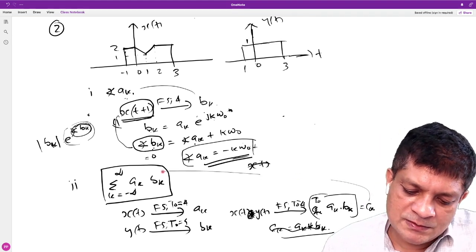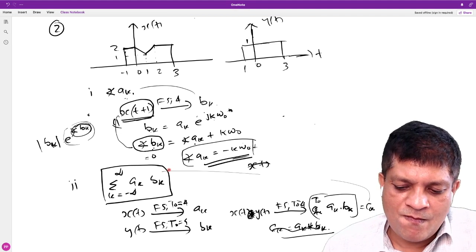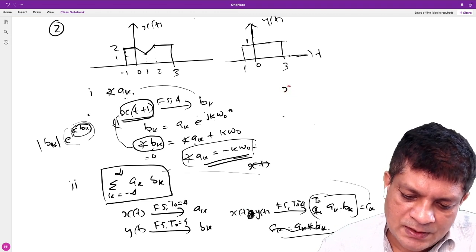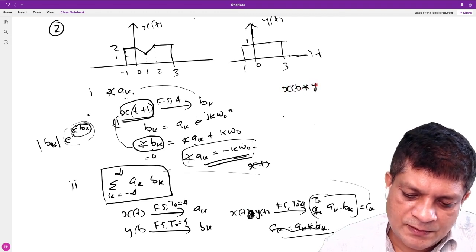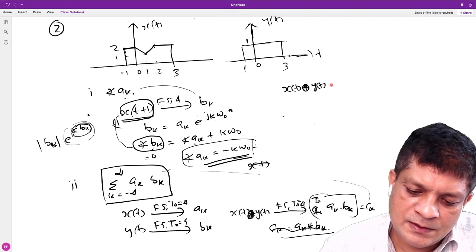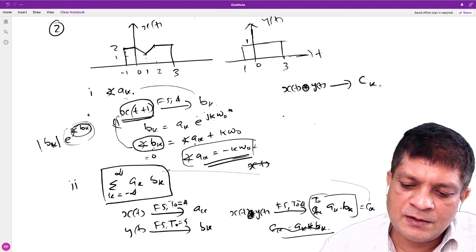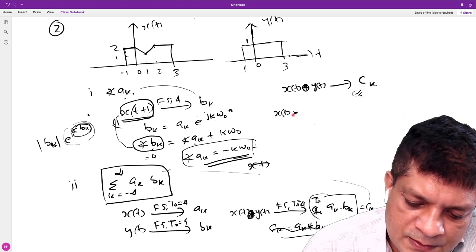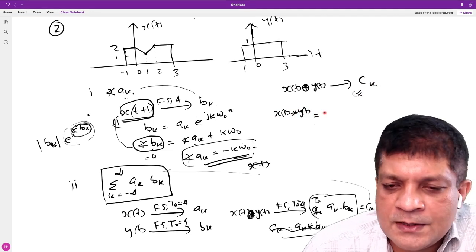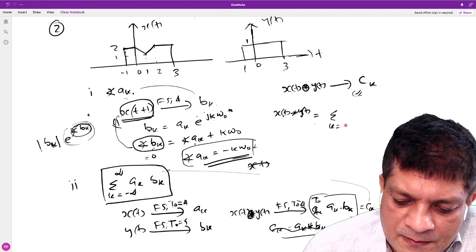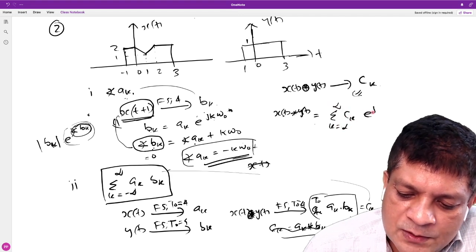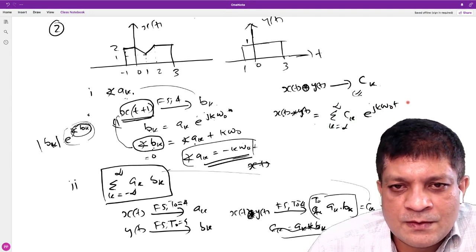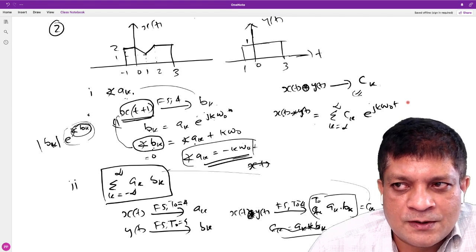Now tell me, what is this? If x(t) convolution y(t), that is periodic convolution, has Fourier series coefficient ck, does it imply that x(t) convolution y(t) can be written as ck e to the power j k omega naught t? That is the Fourier series representation.